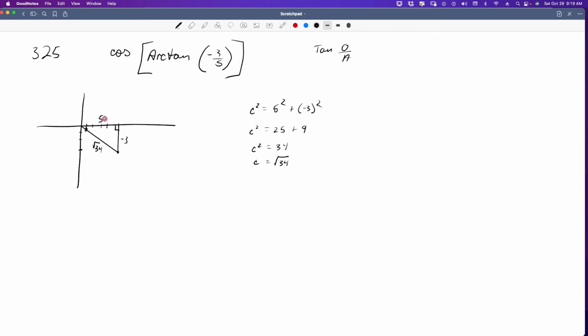I'm going to erase this right here because it's in my way. The adjacent of this angle is 5, and the hypotenuse is the square root of 34, right? This is positive. The hypotenuse is always positive. So therefore, the cosine is positive. That is how you would solve that.